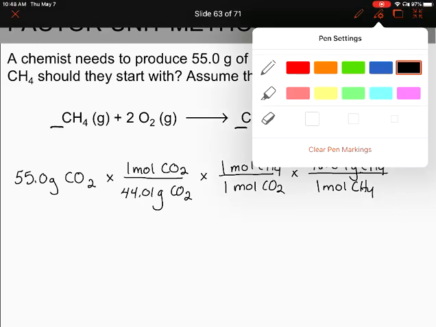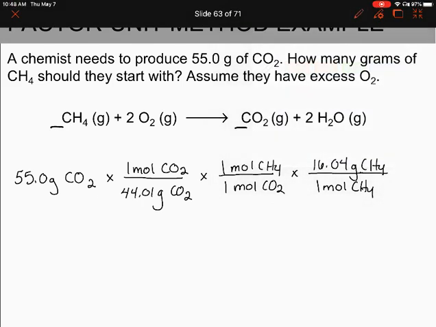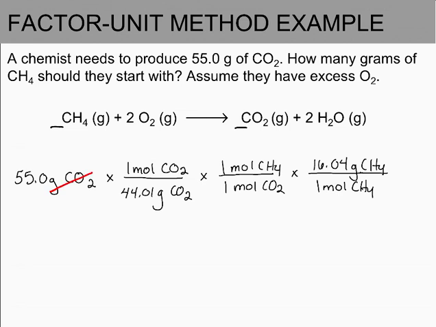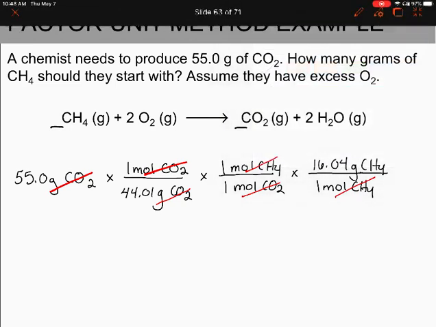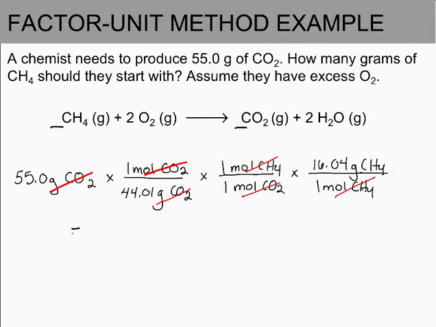Okay, so let's make sure our units cancel. Grams of CO2 will cancel with grams of CO2, moles cancel with moles, and then moles of CH4 will cancel with moles of CH4. So we get our final desired unit, which is grams of CH4.